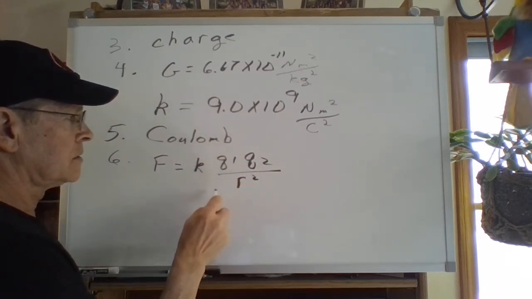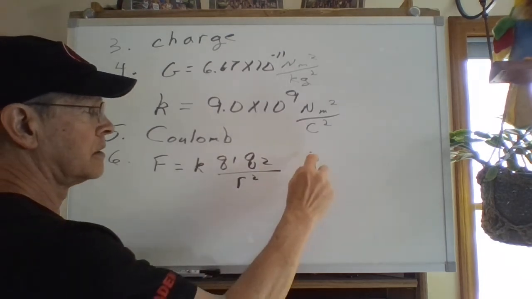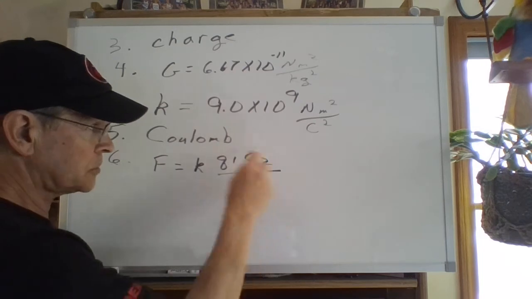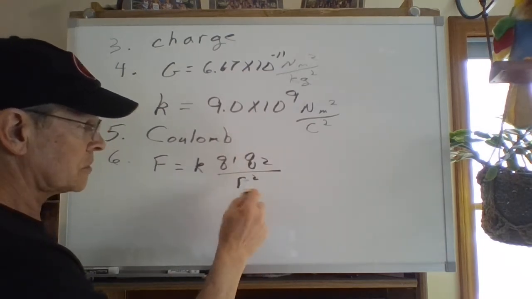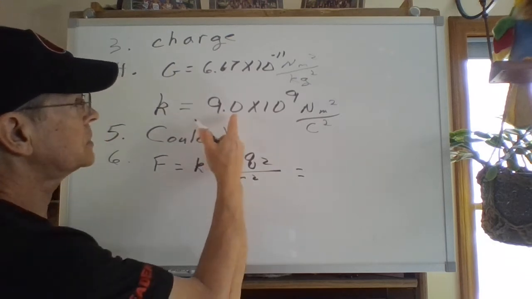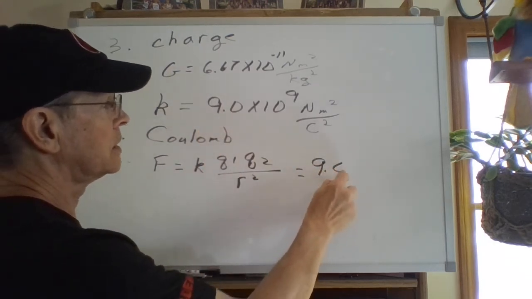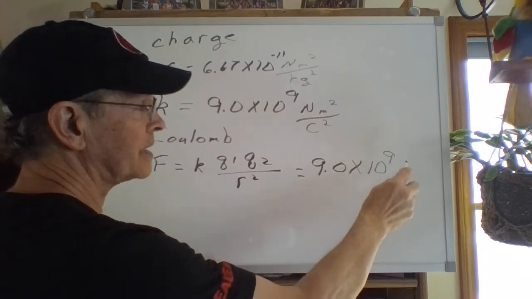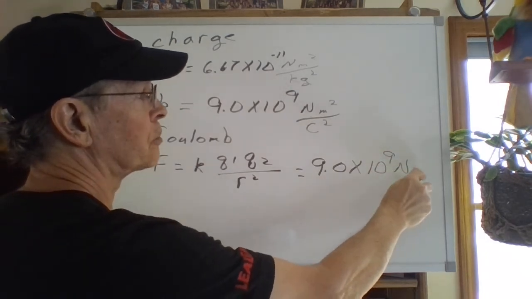If that's 1, and that's 1, and that's 1 squared, those are all 1s. So the answer is K, which is just given. In air, Coulomb's constant is 9 times 10 to the 9th newton meter squared per Coulomb squared.